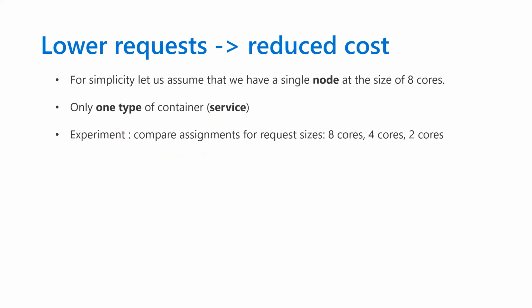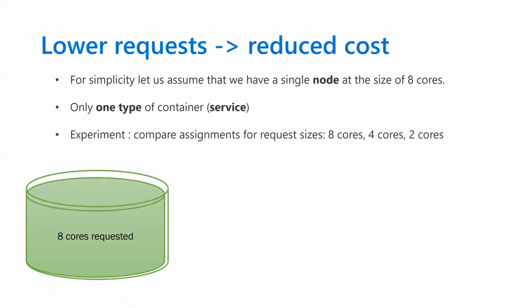In this experiment, we're trying to compare the feasible allocations of 3 different recommender systems, or models. One recommends requesting 8 cores, the other recommends requesting 4 cores for this container, and the third recommends requesting only 2 cores.